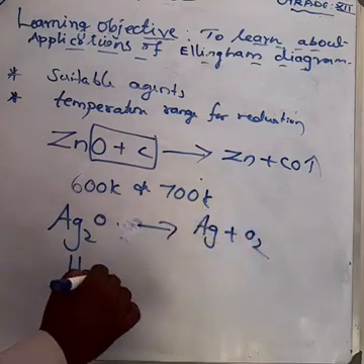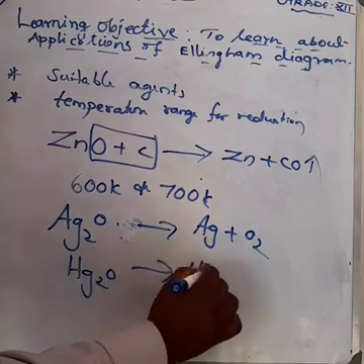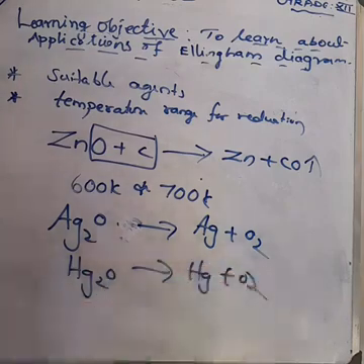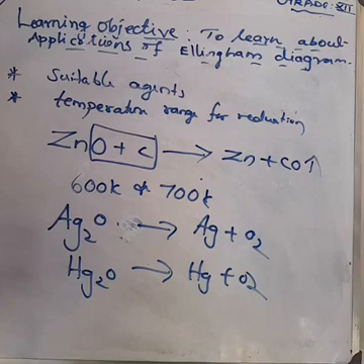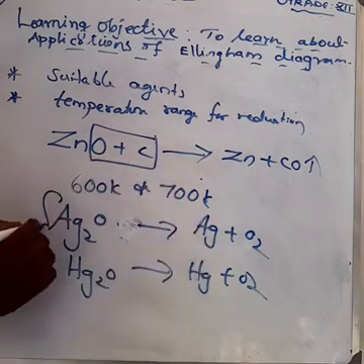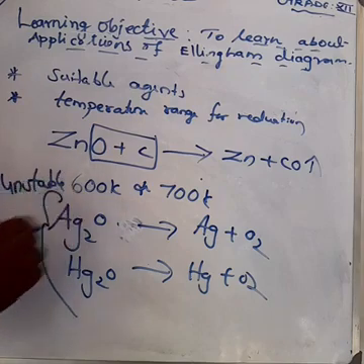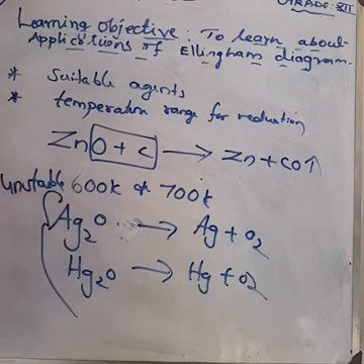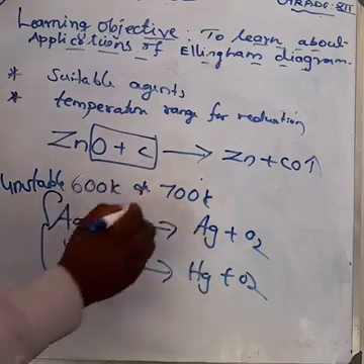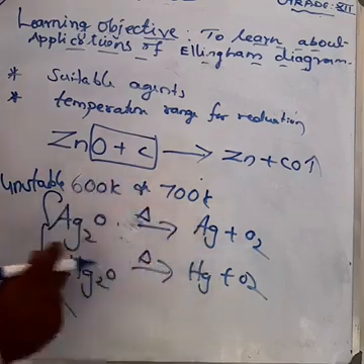So what does this indicate? These oxides, silver oxide and mercury oxide, are unstable at moderate temperature. It is an unstable compound, so it decomposes on heating even in the absence of a reducing agent.